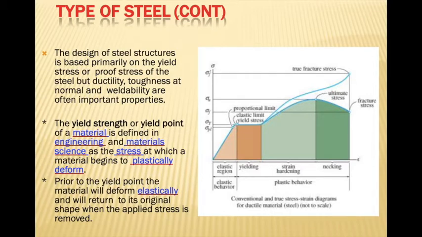That is a ductile type of material, which will undergo this plastic behavior first before failing. This is different from concrete, where the failure will be much earlier in comparison to steel.